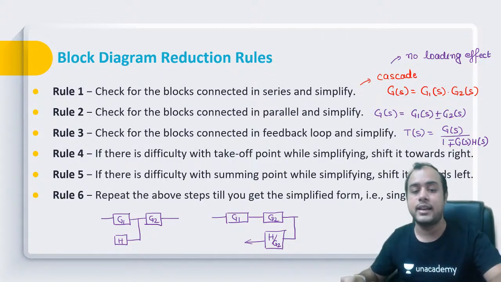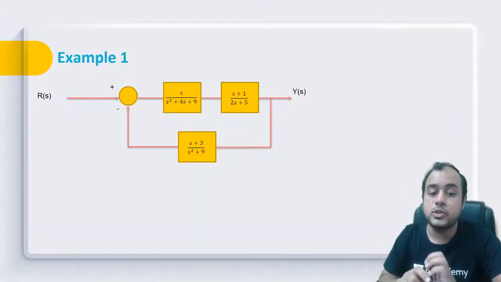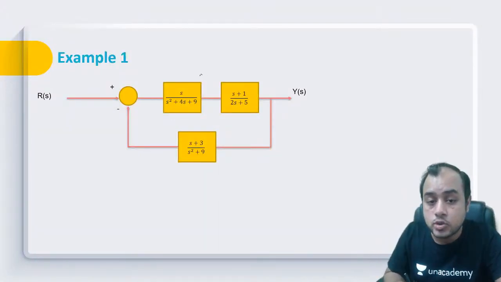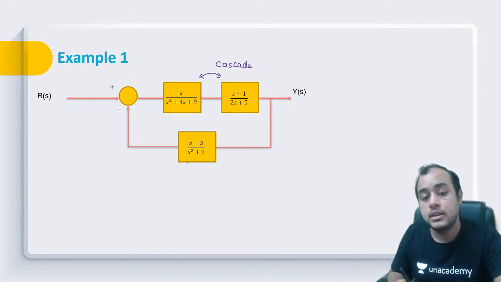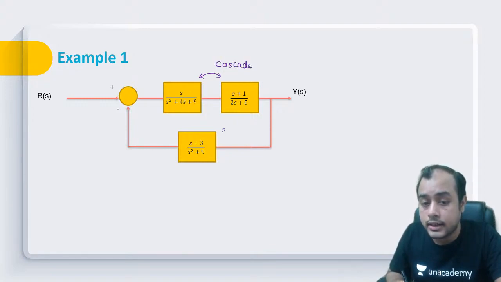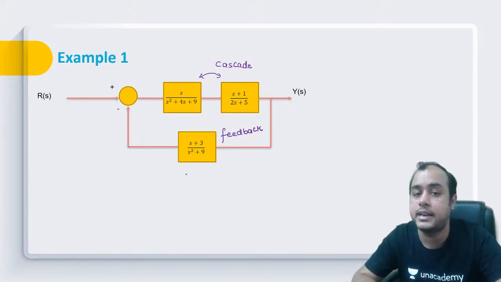combinations of different elements. So see, in this first example, the first two blocks are connected in cascade. Okay, then this block is in feedback. The two blocks in cascade with one block in feedback.